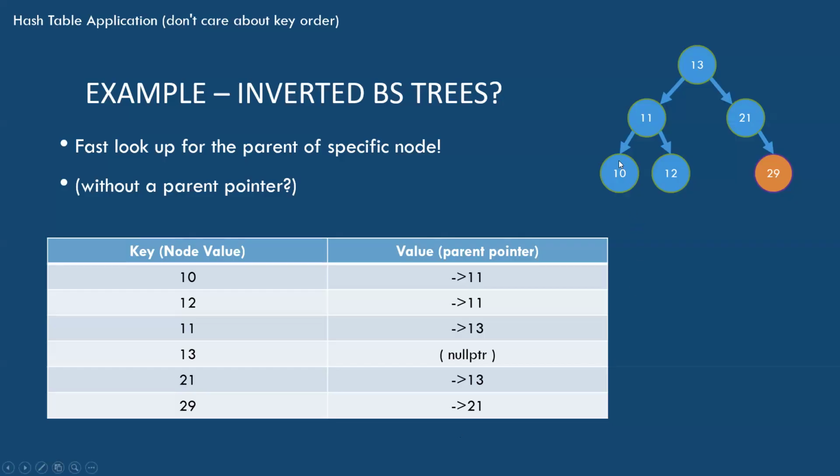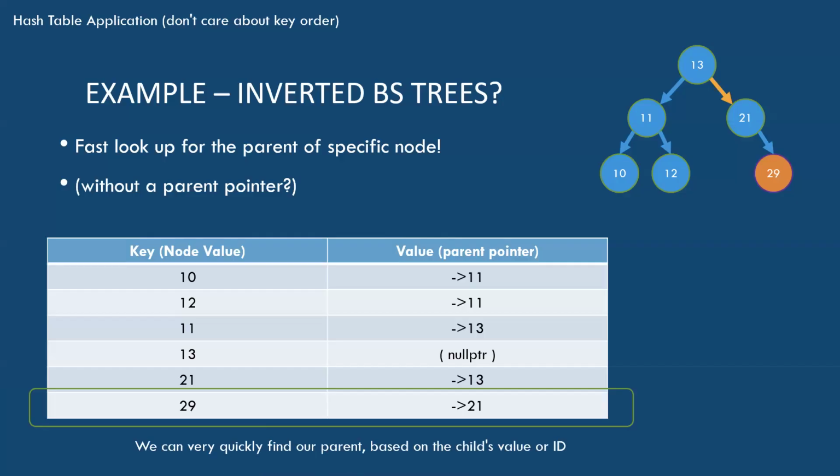You could say, oh, 10's parent is going to be a pointer to 11. Now that'd be a little silly, because we could just put the pointer right inside of the node. But we could also just hash the key value, and it could provide us some stored reference to a pointer that we can use really quickly to move up the tree. Okay. So that is definitely one of the things out there that people do talk about doing.